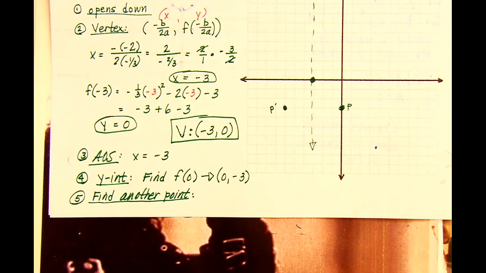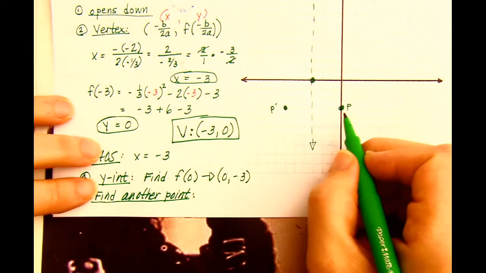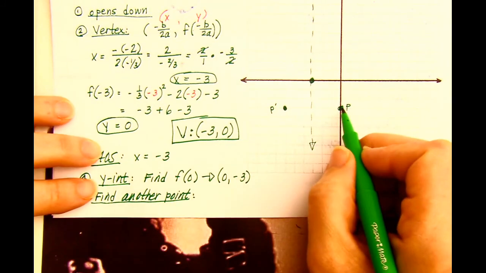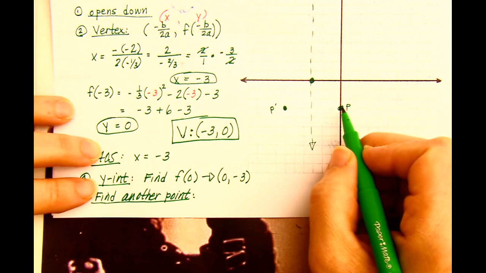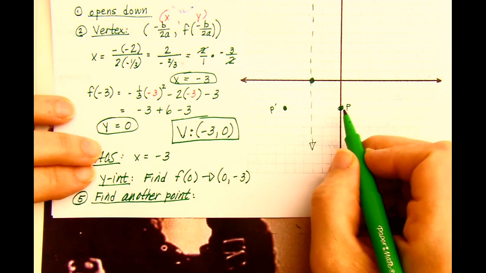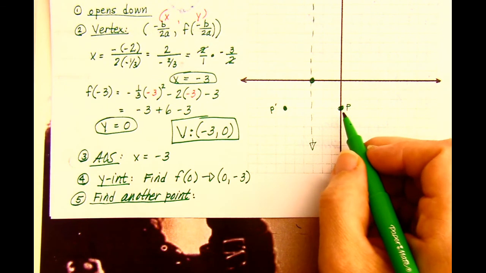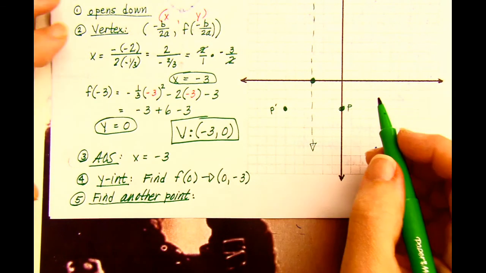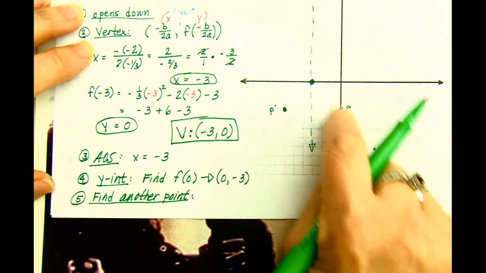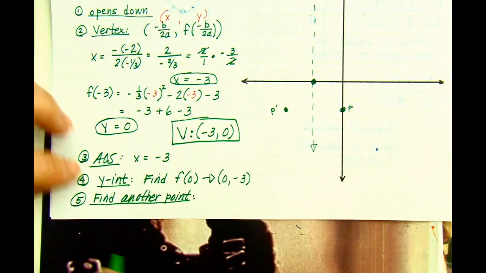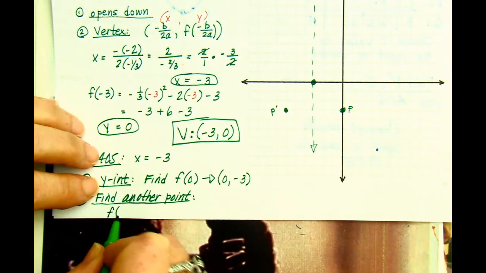I'm going to want to choose an x value that's farther to the right than this, so bigger than 0. It might be a little big, so I don't know. Maybe pick a value between these 2 points. So let's go with negative 1. Let's find f of negative 1.